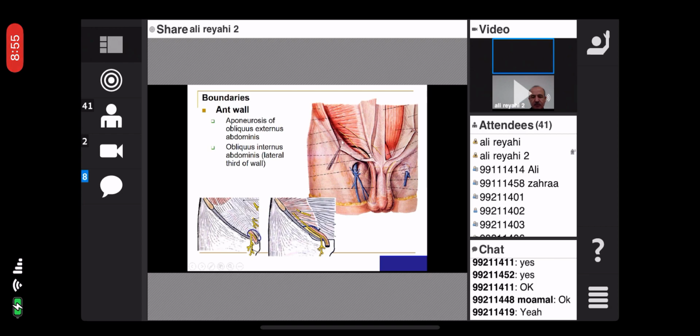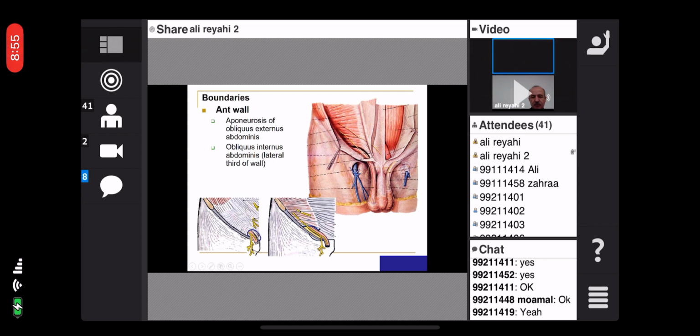But laterally, the anterior wall is supported by some muscle fibers of the internal oblique muscle.